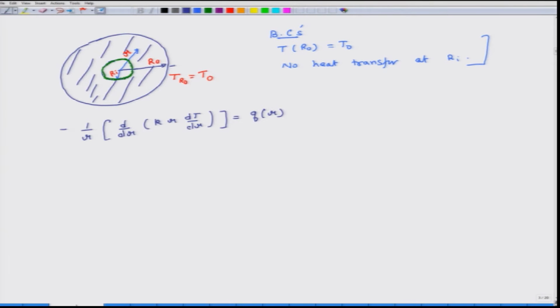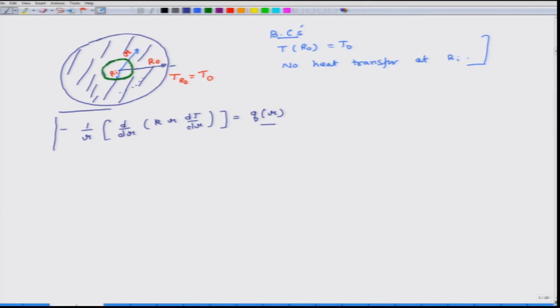Here k represents the thermal conductivity of the material, T is the temperature at any point in the medium, r represents radius, and because it is an axisymmetric problem, for the same value of r the temperature will be the same, and q is the amount of heat getting generated, the rate of energy generation in the medium.